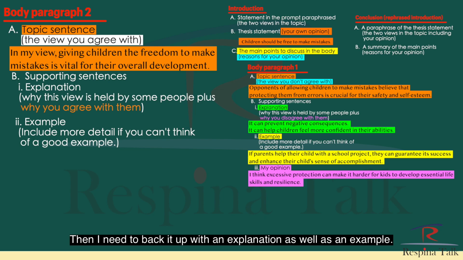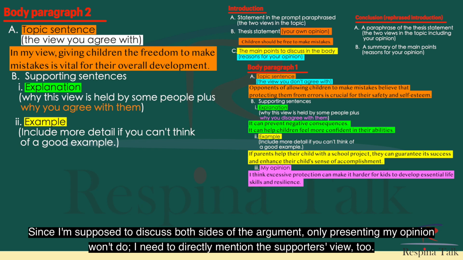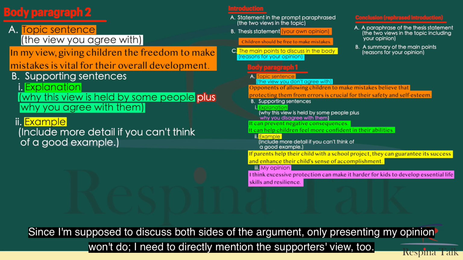Then I need to back it up with an explanation as well as an example. Since I'm supposed to discuss both sides of the argument, only presenting my opinion won't do. I need to directly mention the supporter's view too.